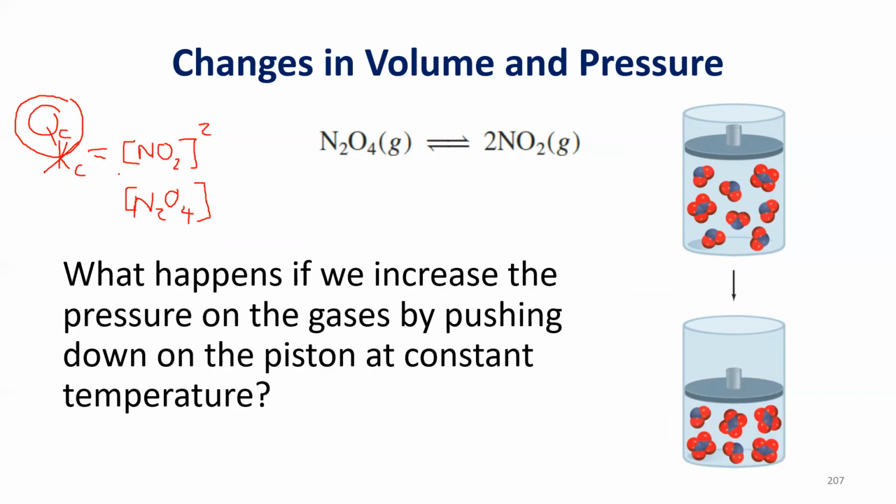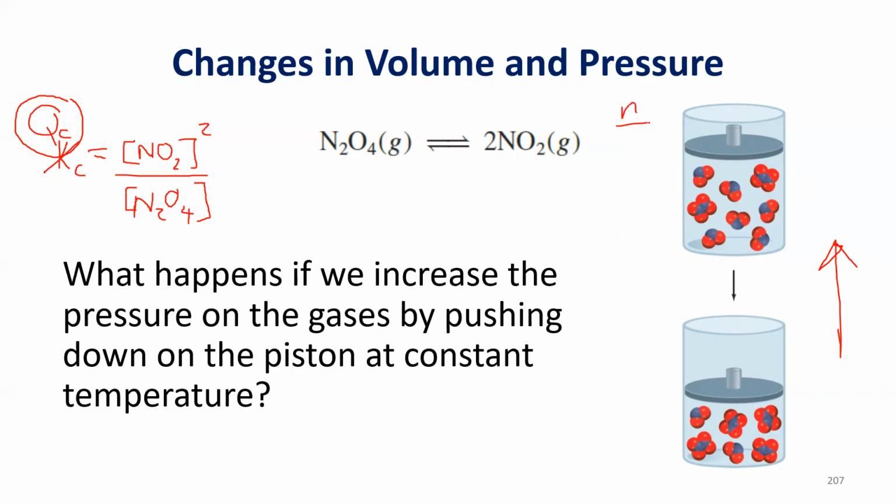So the reverse is the decrease in pressure. When you pull up the piston, you are reducing the pressure of the reaction mixture. So by decreasing the pressure, it means you're also increasing the volume.